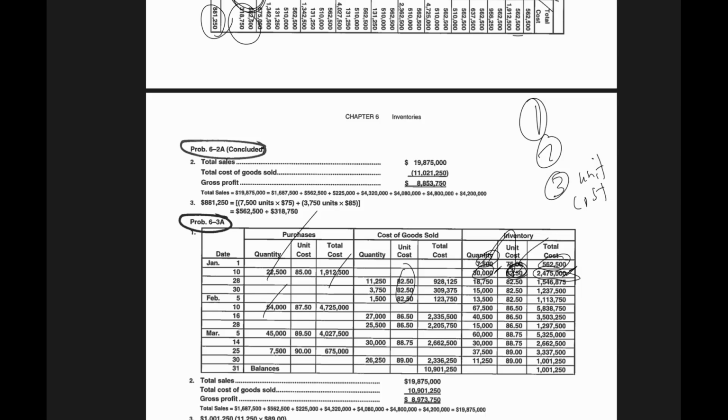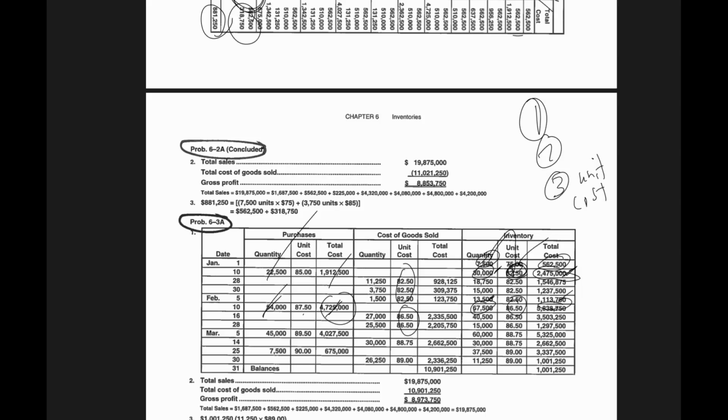So this time we purchased 54,000 at 87 bucks, 4.7 million. 54 plus 13.5 is 67.5. 4,725,000 plus 1,113,000, 5,838,000, divided by 67,500, 86.50. Notice 86.50 is used going forward until there's a next purchase. That's how weighted average works.